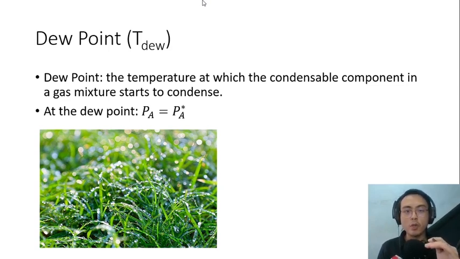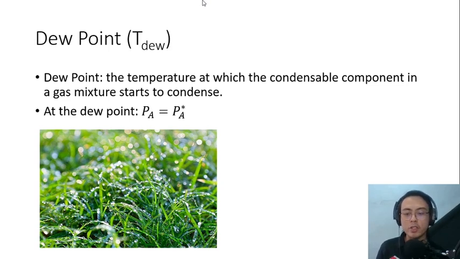If you go lower than the dew point temperature, you are still at the equilibrium condition, so the partial pressure is still equal to the vapor pressure. But if your actual temperature is still higher than the dew point temperature, you are not yet at equilibrium. So you can only apply the equilibrium condition at the dew point itself or at a temperature lower than the dew point temperature.